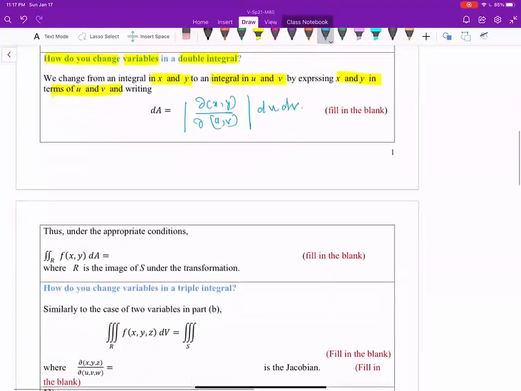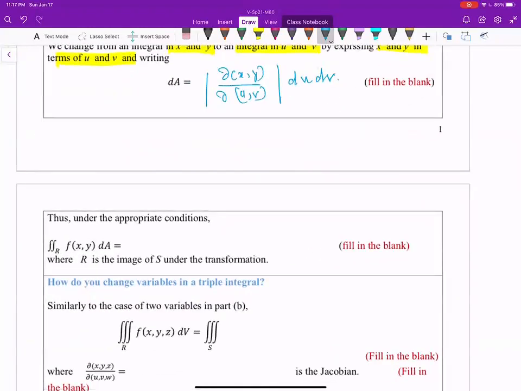Thus, under the appropriate conditions, the double integral over R of f of x, y dA becomes the double integral over S of f of x as a function of u and v, y as a function of u and v, times the Jacobian, partial (x, y) over partial (u, v), du dv.